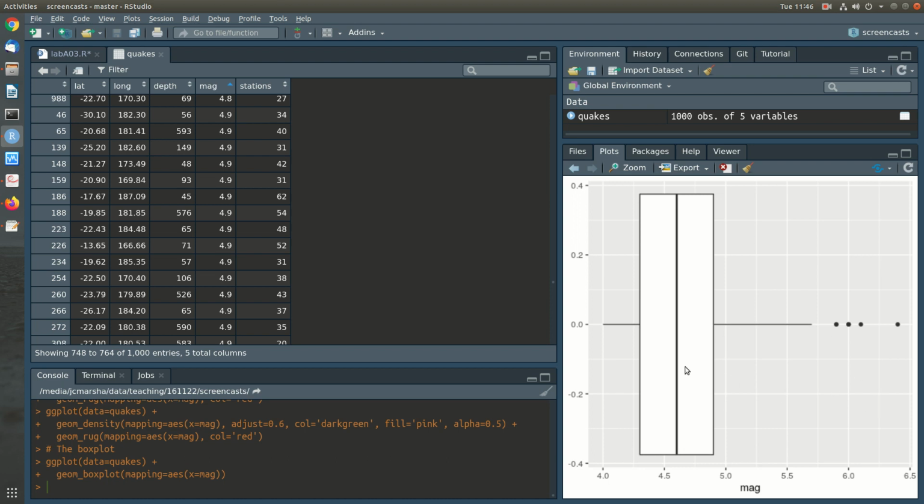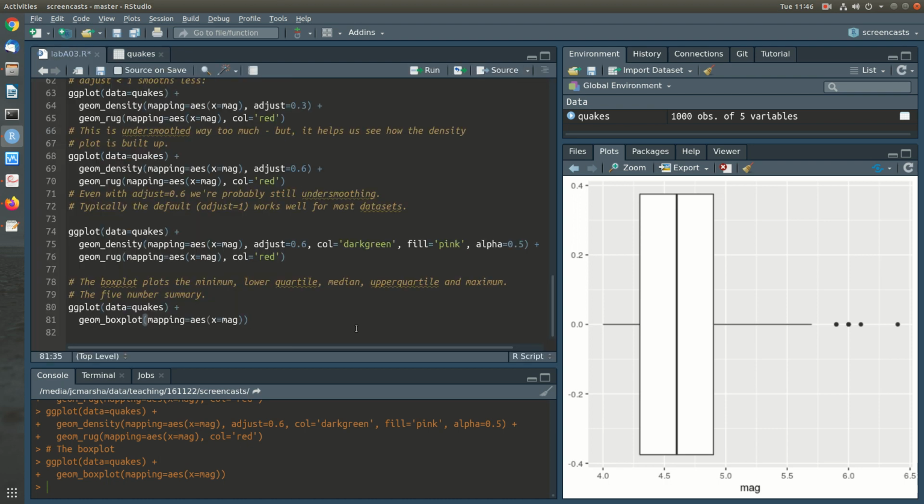So you can get a sense of the center, the spread, and the shape, right? It indicates that most of the values are to the left and there's a small tail of values out to the right. Okay? So you can basically get the same conclusions from the box plot.